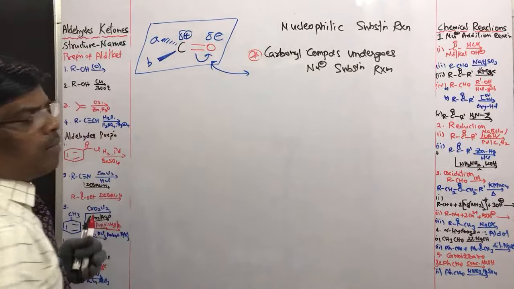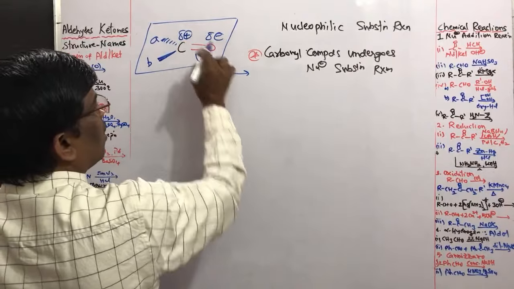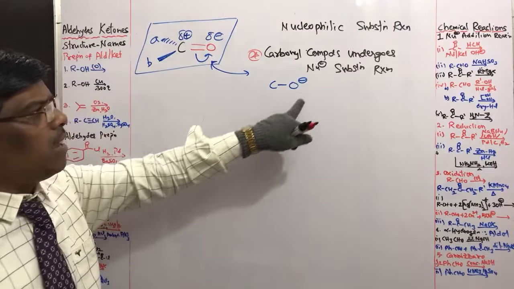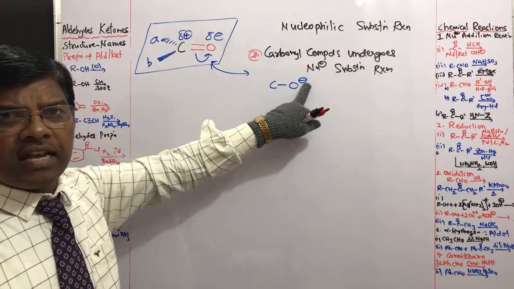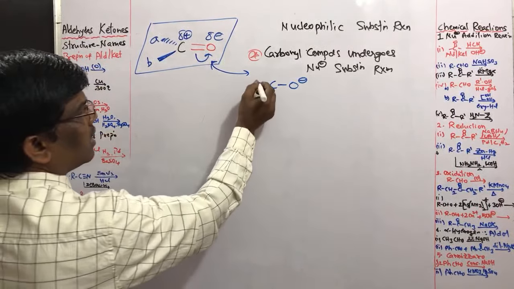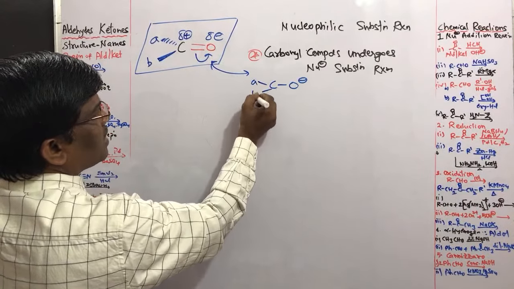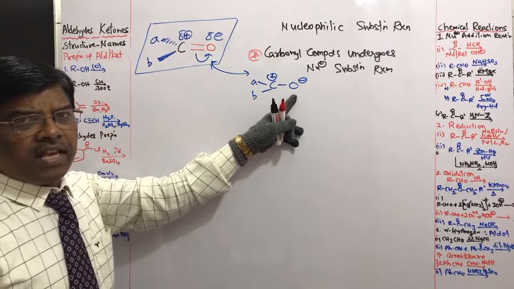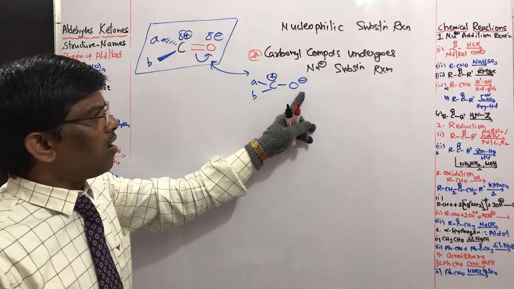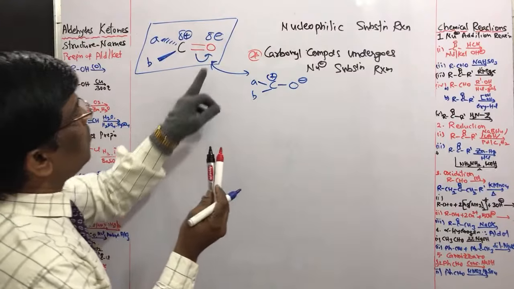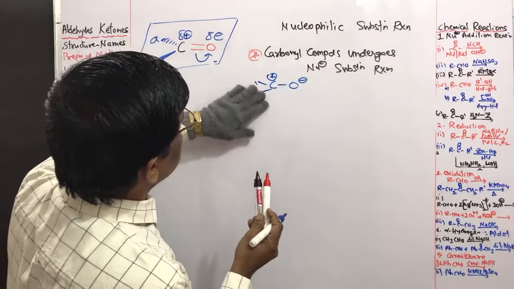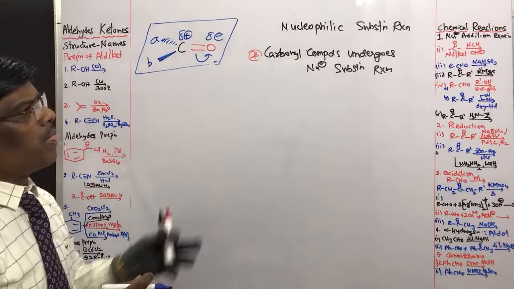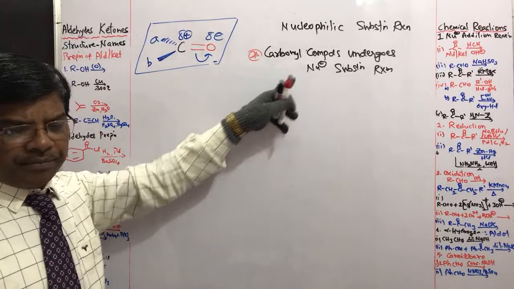It can take up this double bond to be stabilized, oxygen as negative charge, and the remaining is going to be the same. So this is going to have a resonance structure of this carbon positive and oxygen negative charge. Because of this resonance polarization, carbonyl compounds undergo nucleophilic substitution.